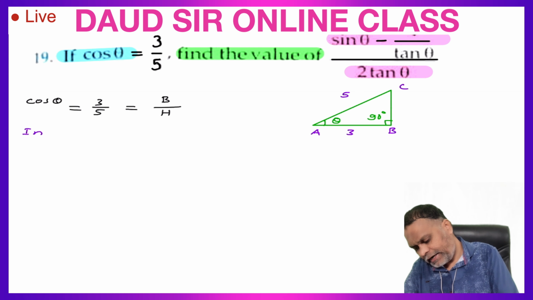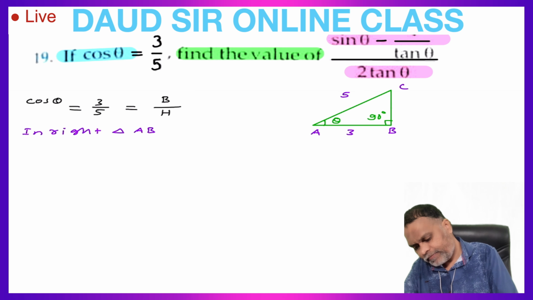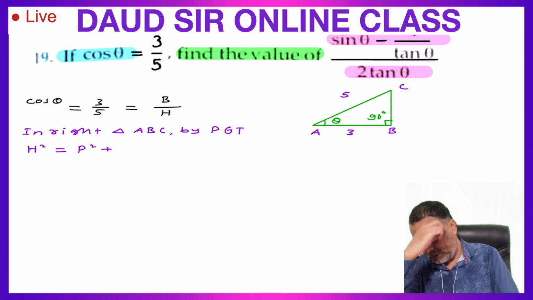In right triangle ABC, by Pythagoras theorem, h square is equal to p square plus b square.